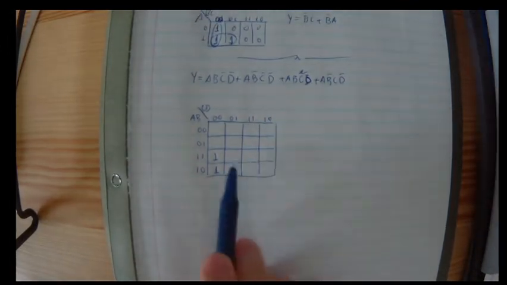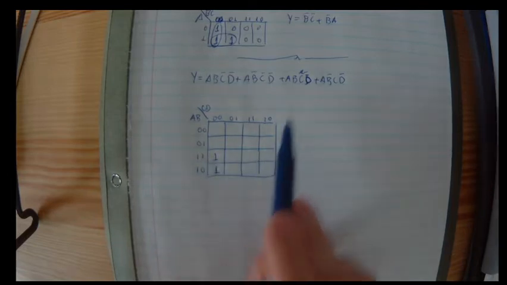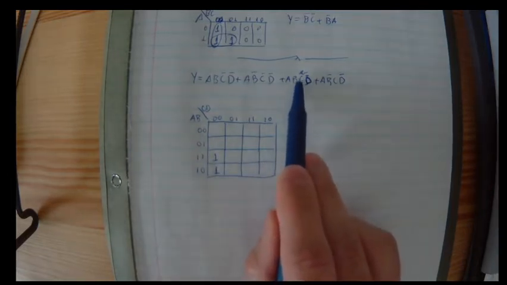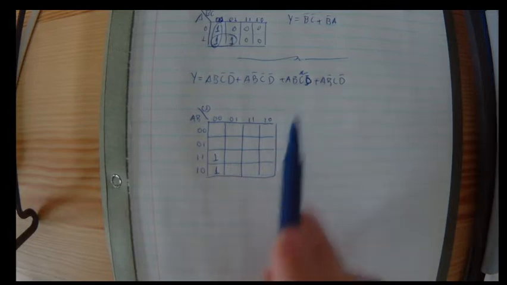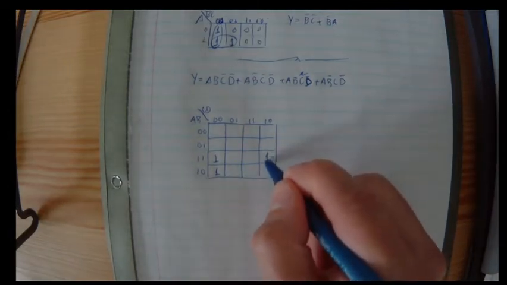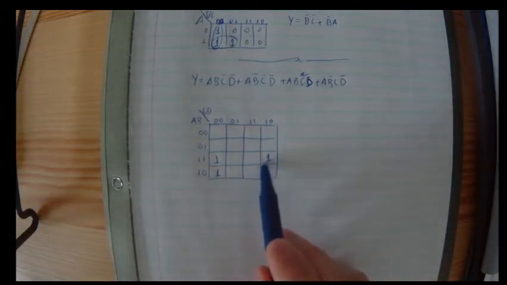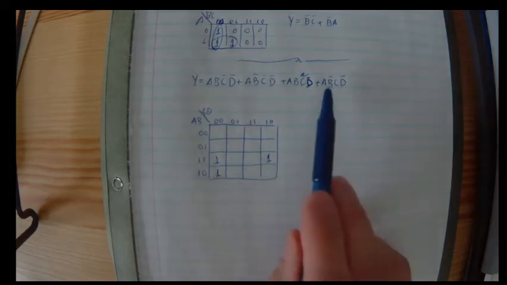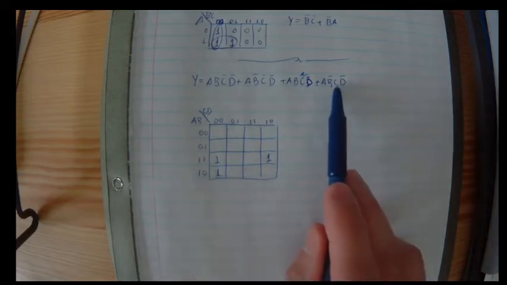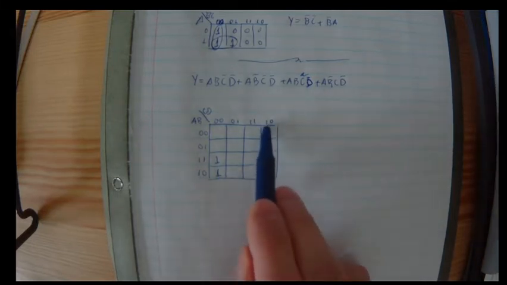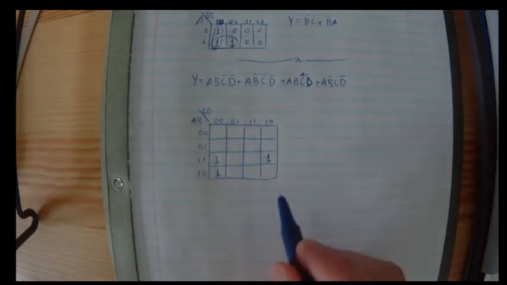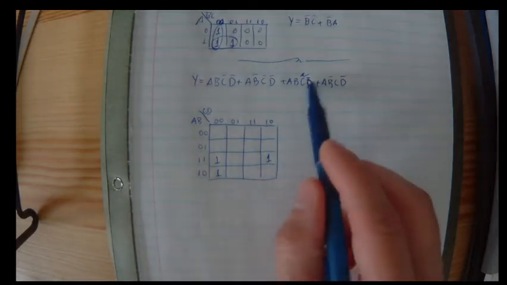So A and B again, it's this line here, but now it's C. Remember that it's not complement of C, it's C and complement of D, so it's this space here. And now we have A and complement of B, that's the last line here, C and complement of D again, so it's the same.